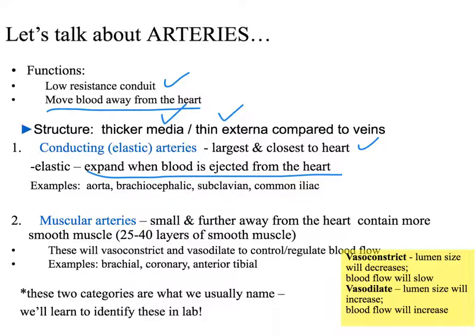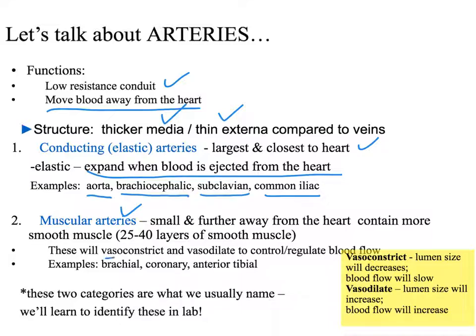Examples of these conducting arteries are the aorta, brachiocephalic, which you don't know yet, but it's going to go down your arm at the head of your shoulder, subclavian, which is around your clavicle, and the common iliac, which is kind of in your groin. So they're bigger. Muscular arteries are further away from the heart.